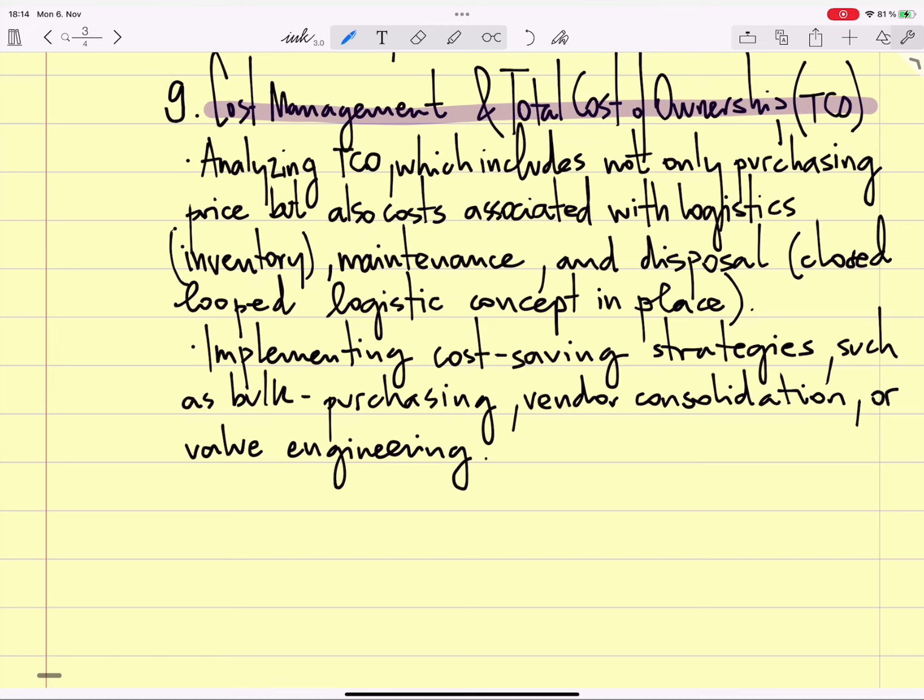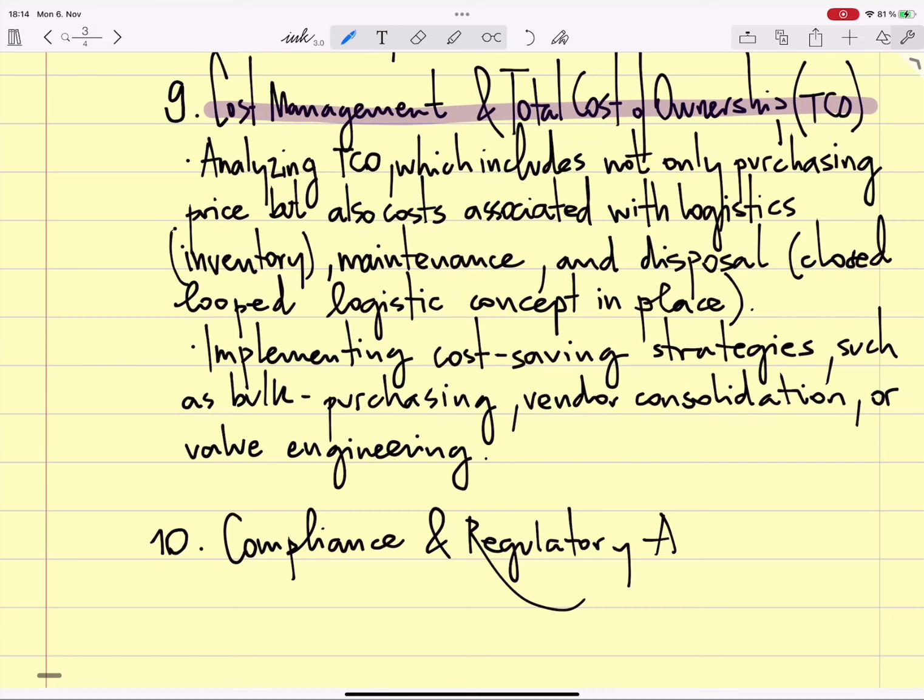Number 10 on this list is compliance and regulatory adherence. Okay.